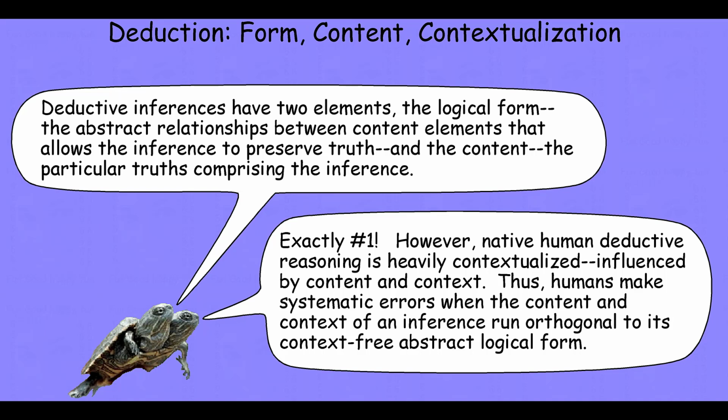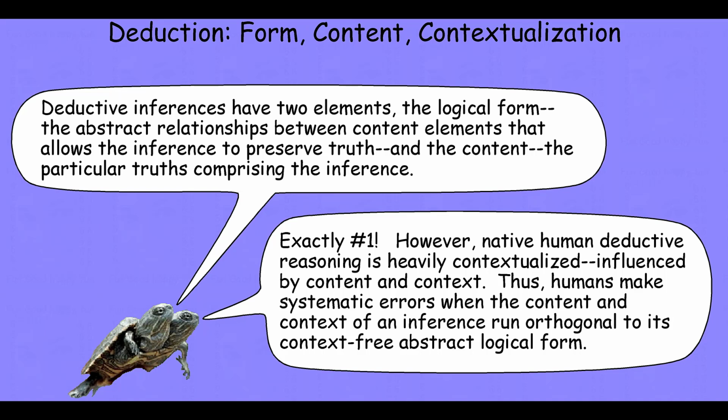And as a result, what we'll discover is that humans will make systematic errors whenever the content and context, the stuff that's salient, important, and that drives human deductive inferences, is orthogonal to, doesn't accurately reflect, or is inconsistent with that underlying content-free abstract logical form.